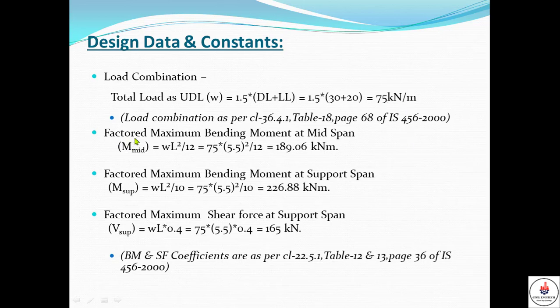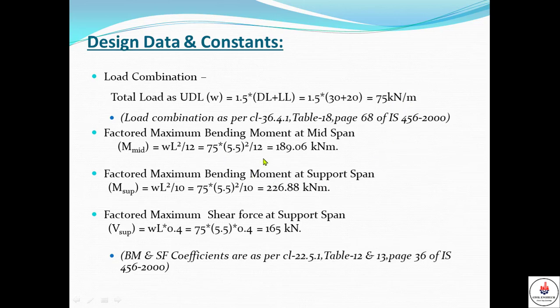After that we have to calculate the factored maximum bending moment at mid span, which is denoted as M mid equals WL square by 12 equals 75 into 5.5 square divided by 12 equals 189.06 kilonewton meter, as W is the UDL which is 75.